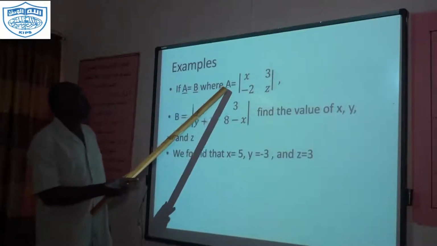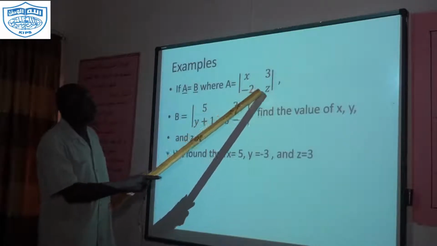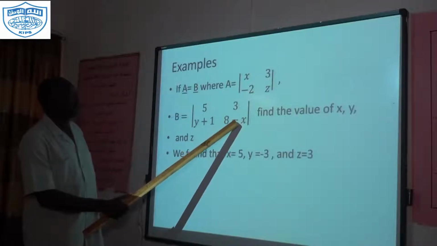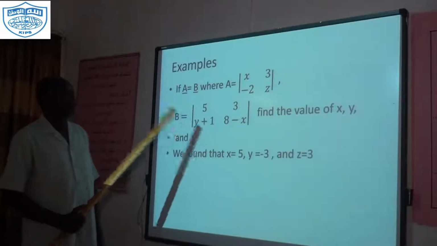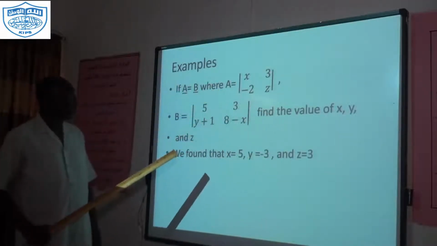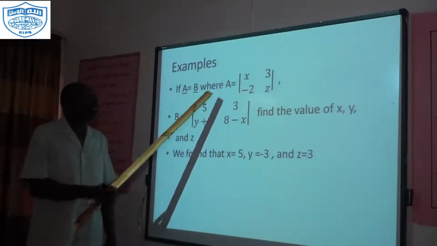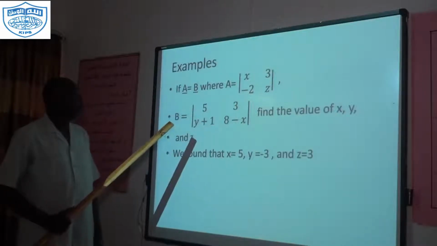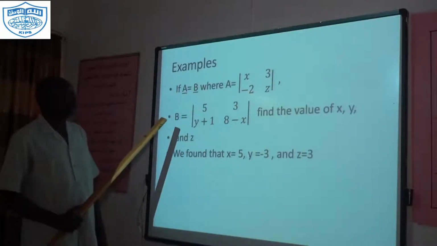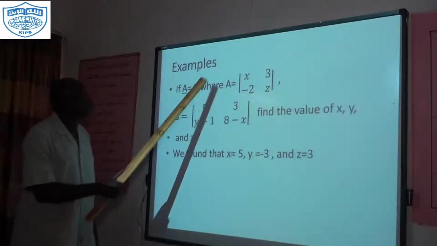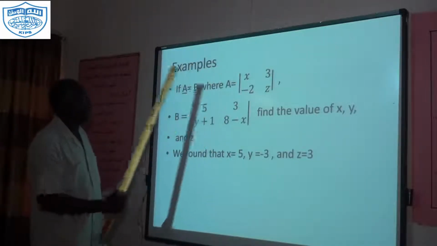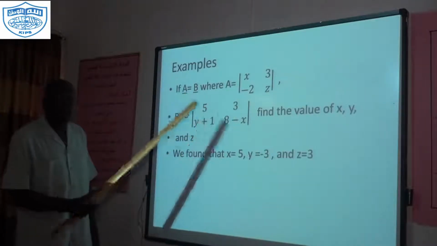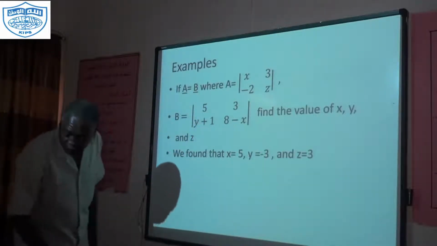If A equals B, where A equals the matrix X, 3, negative 2, Z, and B equals 5, 3, Y plus 1, 8 minus 6X, find the value of X, Y, and Z. Since A equals B, the dimension of A equals 2 by 2 and the dimension of B equals 2 by 2. Since this satisfies the first condition, for the second condition the corresponding elements must be equal. 5 equals X. Here I have 3 and here I have 3. Y plus 1 equals negative 2. So we have to make this equation in order to find the value of Y.